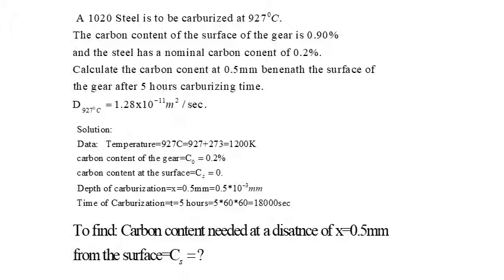They have given D927 equal to 1.28 into 10 power of minus 11 meter square per second. So they have given the temperature, C naught, and Cs. The depth of carburizing x is 0.5 and time is 5 hours.